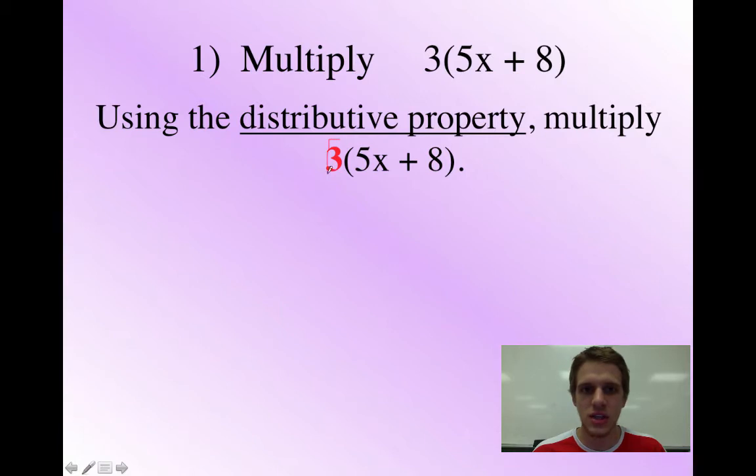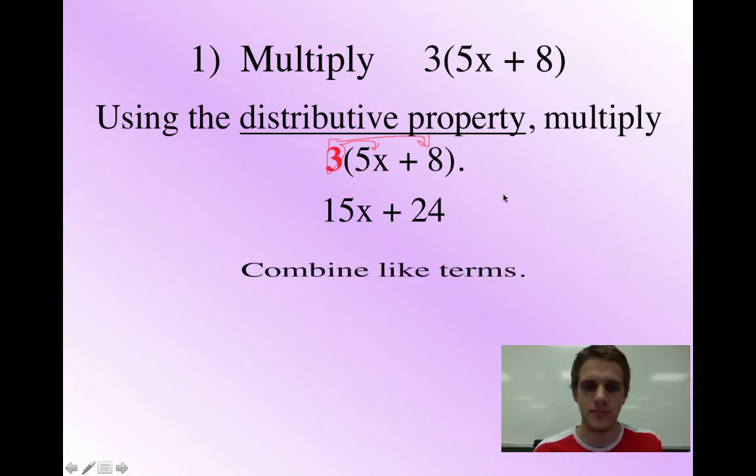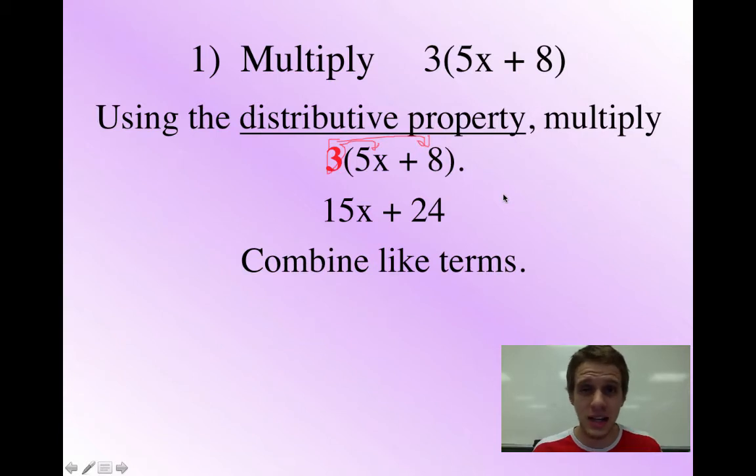So we've got this 3, we want to multiply it by this 5x, and we also want to take that 3 and multiply it by 8. What you should come up with, 3 times 5 gives you 15, keep the x on there, 3 times 8 gives you 24. Combine like terms, 15x and 24, those are not like terms. So your answer, 15x plus 24.